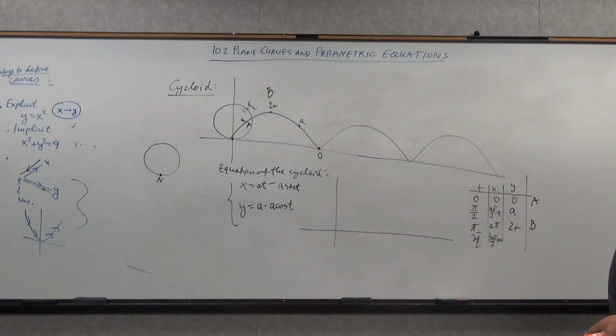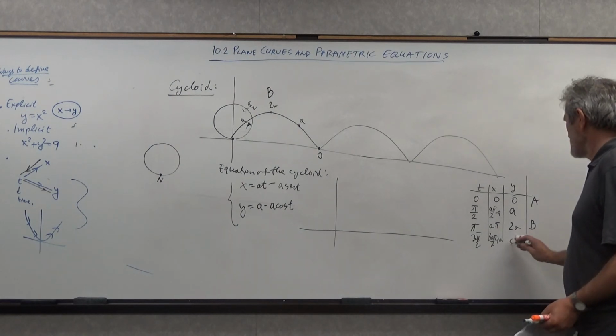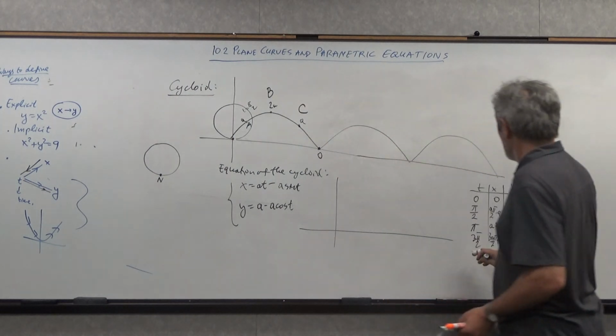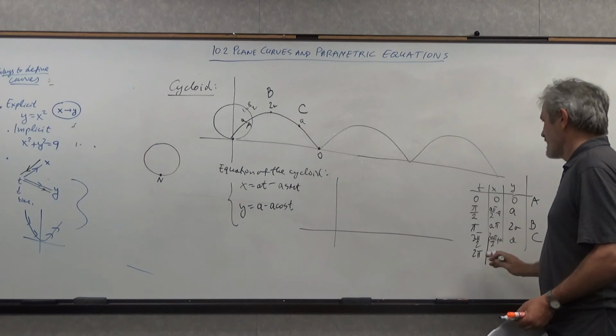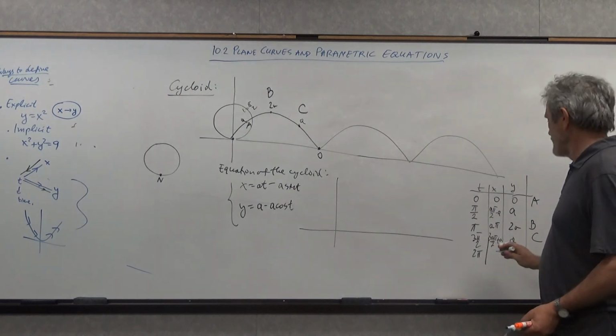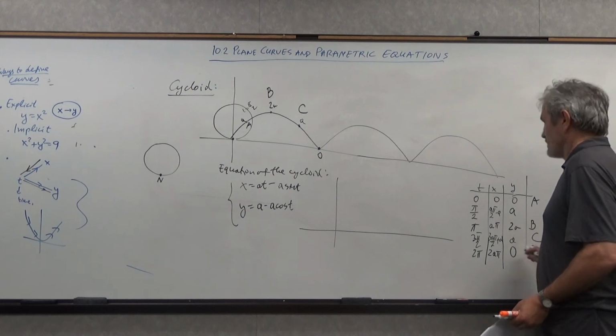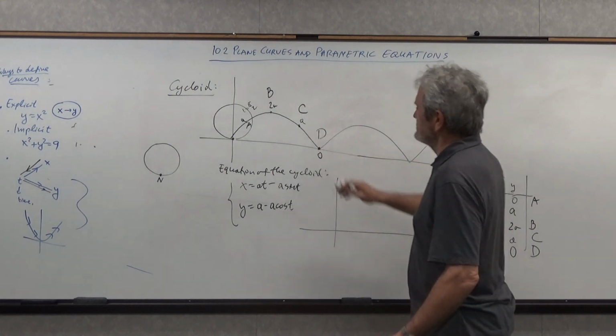Plus a horizontally, and the y at 3 pi over 2 will be just a. That's that point C. And finally at 2 pi, x would be 2a pi, and y would be 0, and that's a point T.